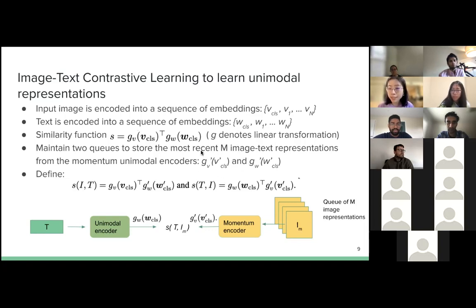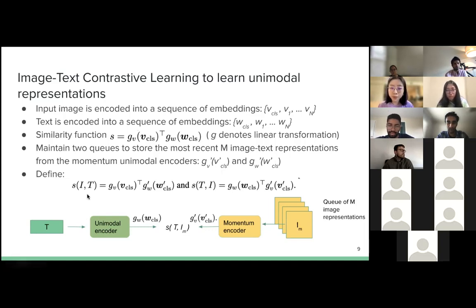This approach is actually inspired by the famous paper Momentum Contrast, MoCo, which I think had the idea that by using a lot more negative pairs and achieving a larger dictionary size, you can teach our model to learn better. We are going to denote these representations from the momentum encoder as g' of V' and g' of W'.